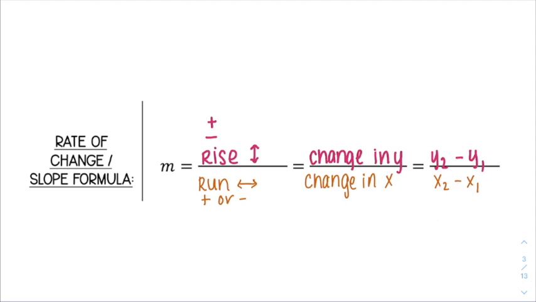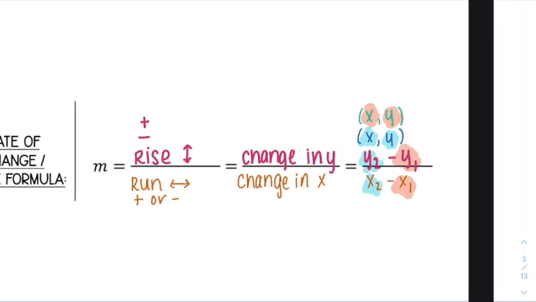So here you would need 2 points in order to use this formula. So you would label them x1, y1, x2, y2. And that's where you're going to be placing your coordinate points and how you subtract them.